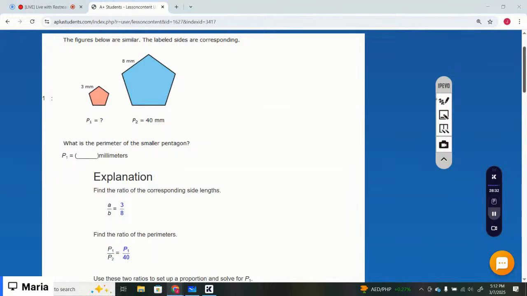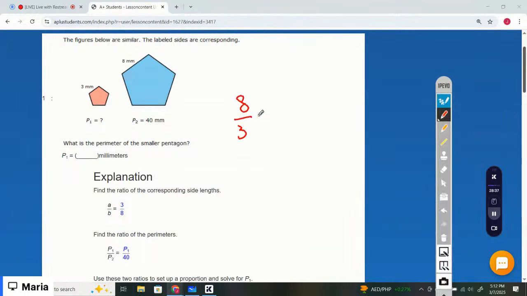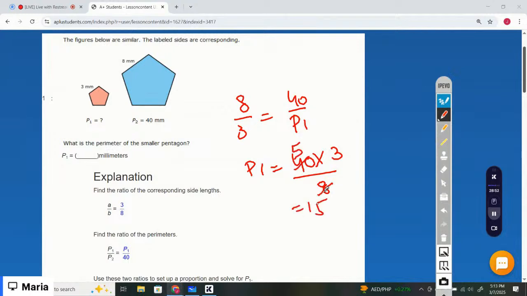So you have to make a proportion between their similar sides first, then you have to equate them with their perimeter. That is 8 over 3 equals 40 divided by P1. To solve it for P1, that is P1 equals 40 times 3 divided by 8. 8 times 5 is 40, so 5 times 3 is 15. The correct option is 15.